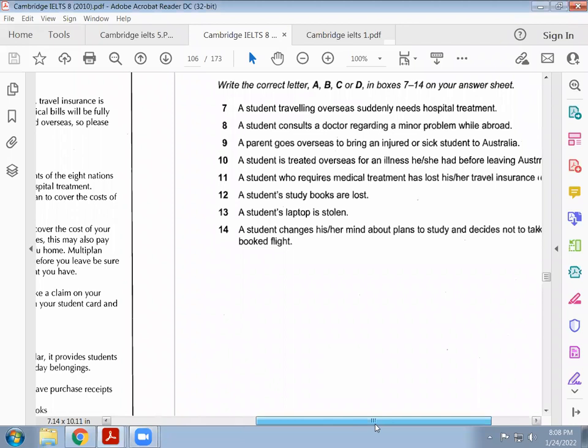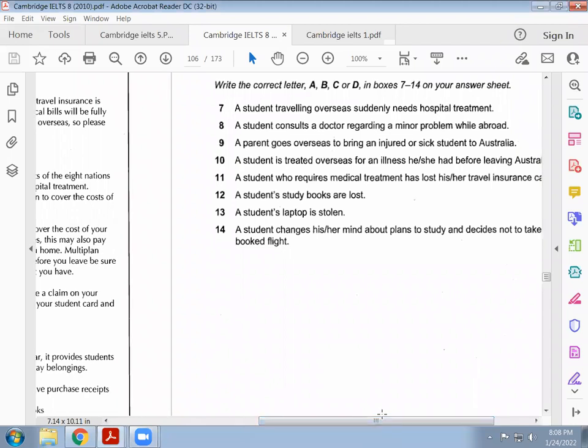I hope you understood. Let me show you the answers from the answer key also. I said answer number 7 is A. Answer number 8 is B. Answer number 9 is D. Then we have done 13, which is also D. So it's A, B, D, and D. Okay, let me check it from the answer key now.